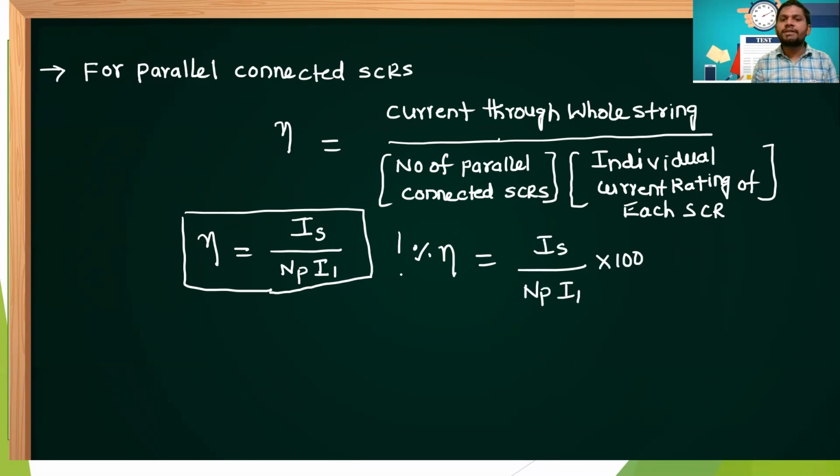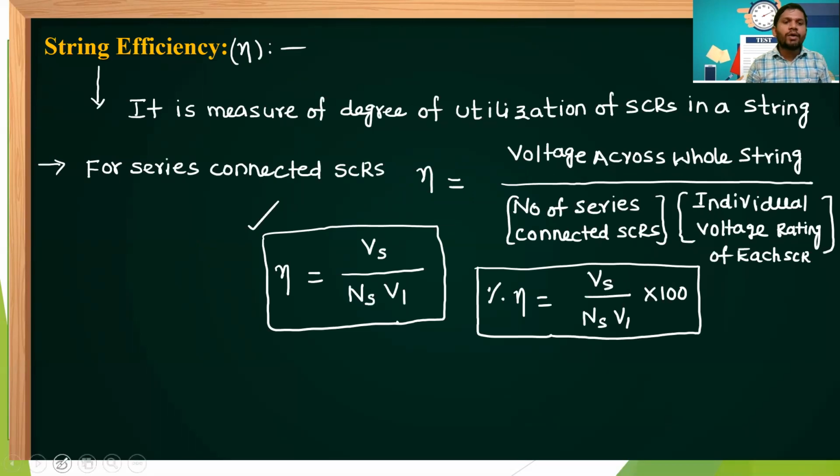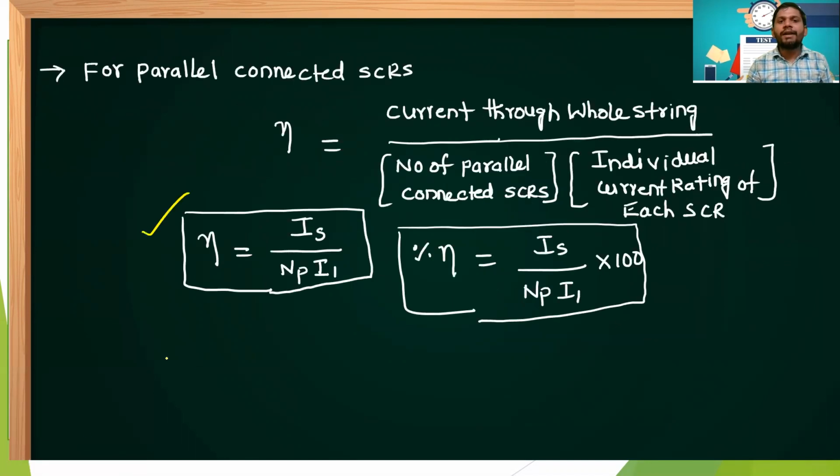This is the percentage string efficiency for parallel connected SCRs. This is how to write the formula for series connected SCRs and for parallel connected SCRs.